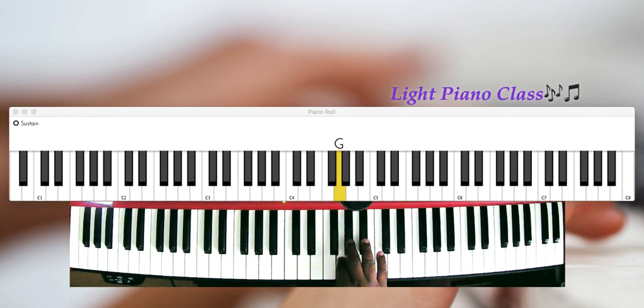G to A flat is a semitone. A flat to A is a semitone. A to B flat is a semitone. A flat to B flat is a tone. B flat to C is a tone. B flat to B is a semitone. So it's that simple.